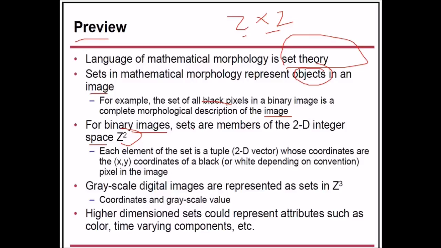Now grayscale digital images are represented in the set Z cube. So Z cube, what does this have? These are coordinates Z into Z into Z. So we have coordinate x, coordinate y, and then the grayscale value. That is why Z into Z into Z. And higher dimensional sets could represent attributes such as color, also time varying components, etc.